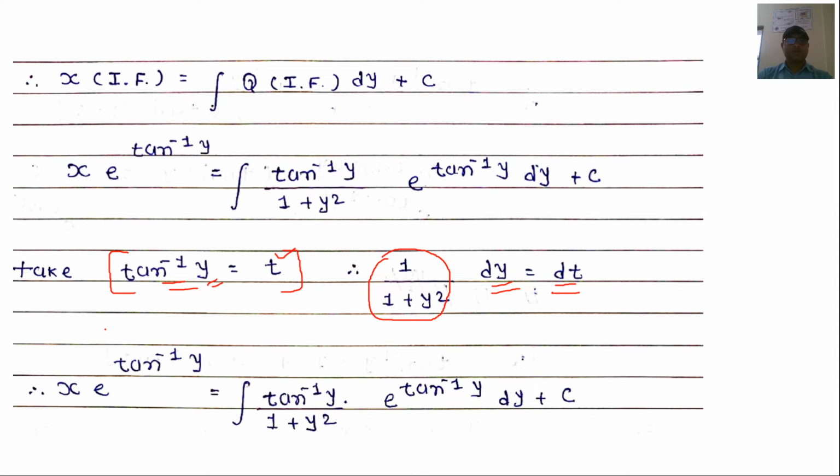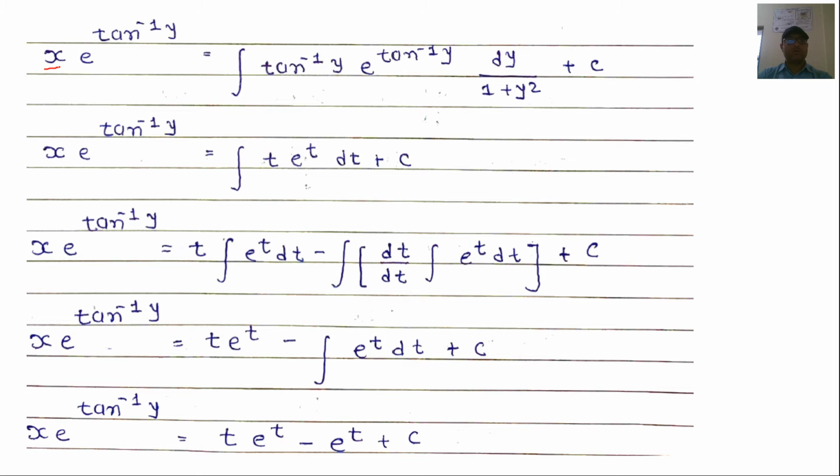So this is our equation: x into e raised to tan inverse y is equal to integration of tan inverse y upon 1 plus y square into e raised to tan inverse y dy plus c. This can also be written in this form: x into e raised to tan inverse y is equal to, rearranging, tan inverse y and e raised to tan inverse y first, and then dy upon 1 plus y square. Here I have made only rearrangements.